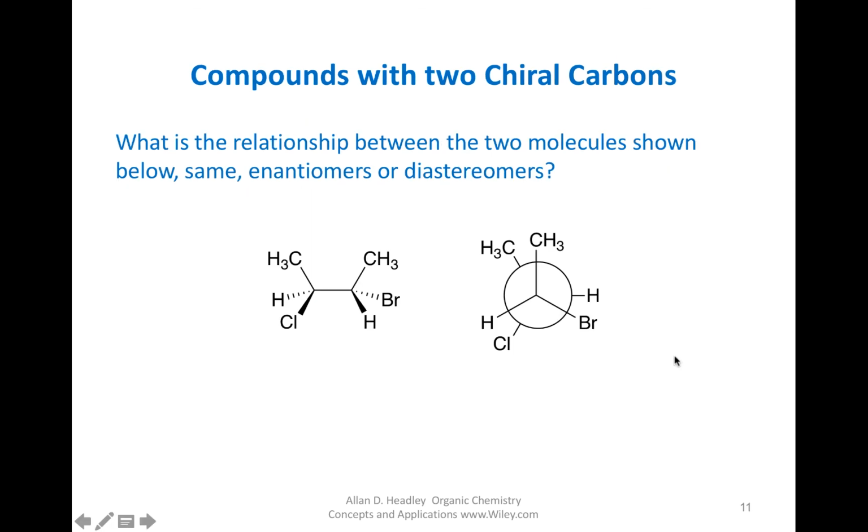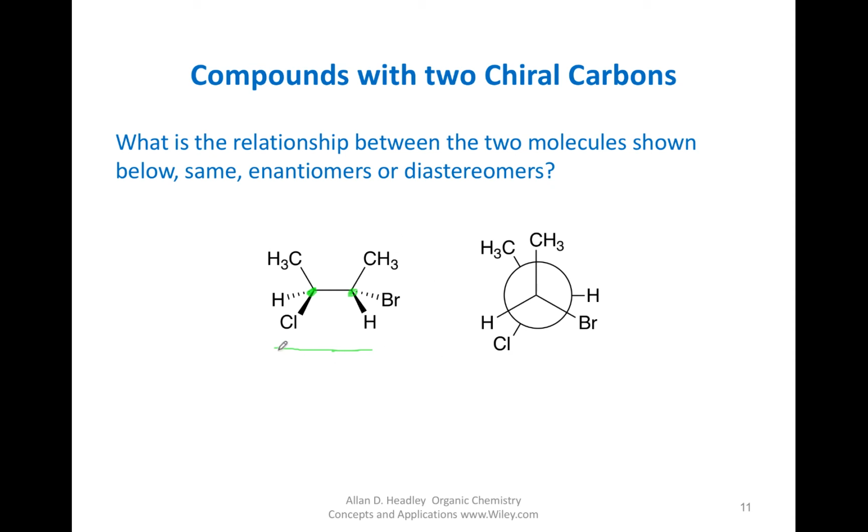Okay, so you know what's coming. Given this molecule, which has two chiral carbons, notice here's one and here's another. Why is each carbon chiral? Because it has 4 different groups: 1, 2, 3, and 4 for this carbon, and this carbon also has 1, 2, 3, and 4 different groups.